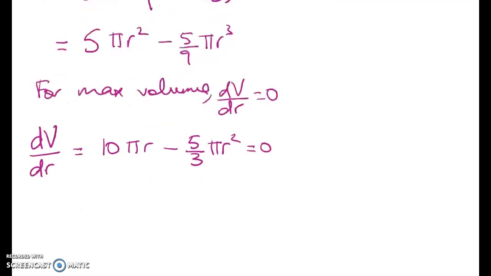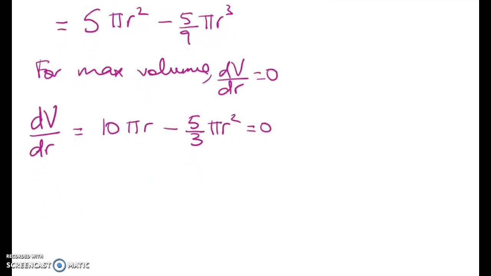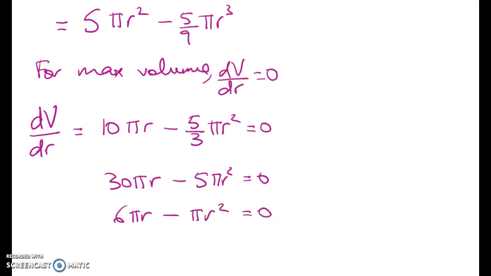We're going to set that equal to 0. Let's times everything through by 3. 30 pi r minus 5 pi r squared. I've got a common factor of 5 pi r, times 6 minus r equals 0.